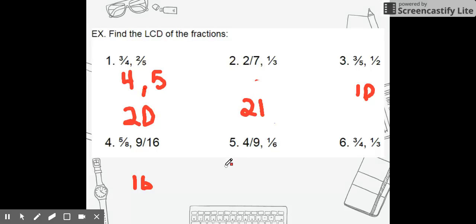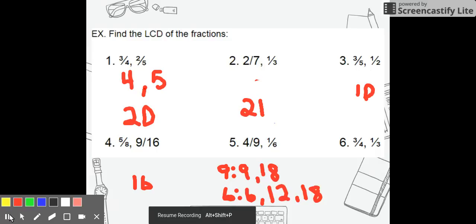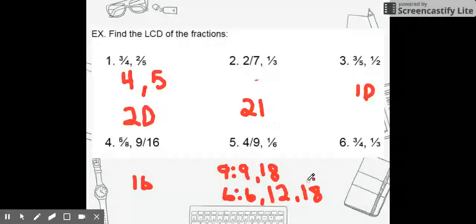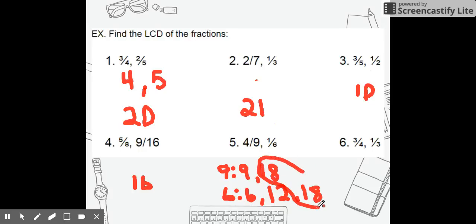9 and 6. That one's not as simple. So let's list it. You can make a factor tree if you want. Okay, so if you list it, you get the multiples of 9 are 9, 18, and so on, but I stopped because the multiples of 6 are 6, 12, 18, which means that my least common denominator would have been 18.